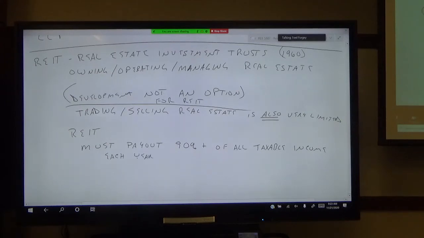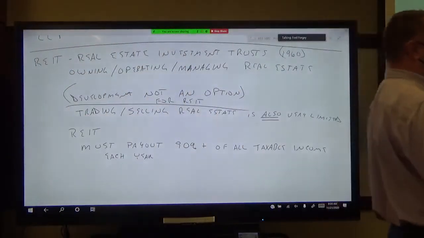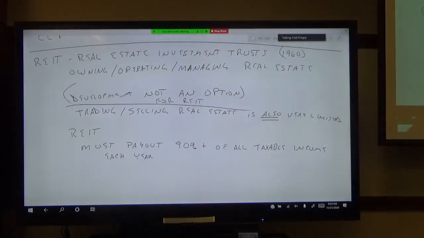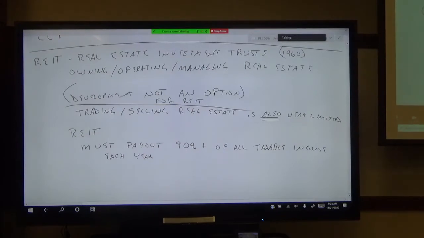So what that means is if they earn $100,000 of taxable income, like the previous scenarios, 90% or $90,000 plus must be paid out in the form of dividends to the shareholders. And then it gets taxed again? No, it doesn't get taxed at the REIT level, that's my point.